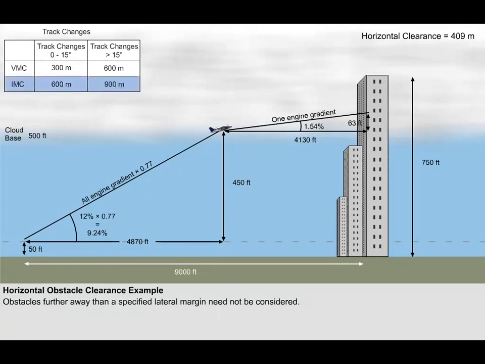Therefore, the part of the table which concerns us here is the IMC row, which you see highlighted. Let's assume the aeroplane makes track changes of less than 15 degrees. This would mean that all obstacles within 600 meters of the aeroplane have to be considered.